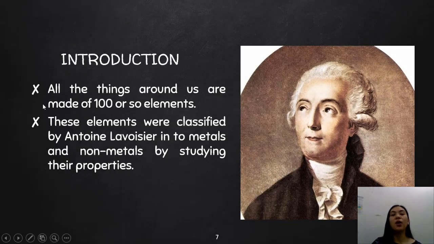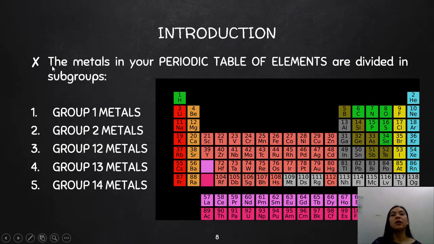So it says here, all the things around us are made of 100 or so elements. And these elements were classified by Antoine Lavoisier into metals and non-metals by studying their properties. So this is a picture of Mr. Antoine Lavoisier. The metals in your periodic table of elements are divided into your subgroups.